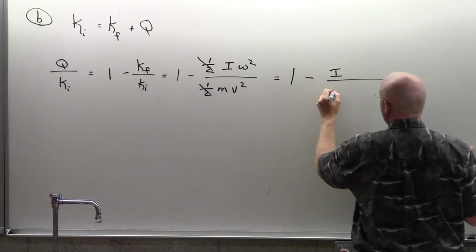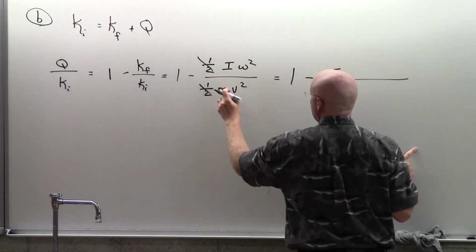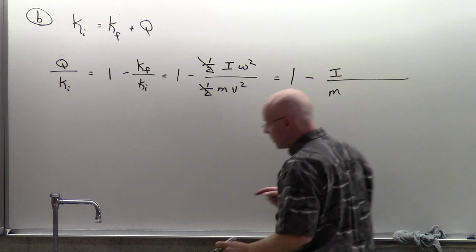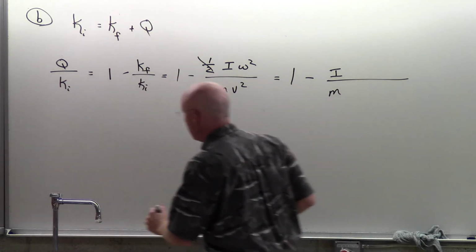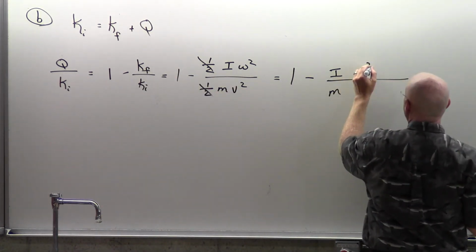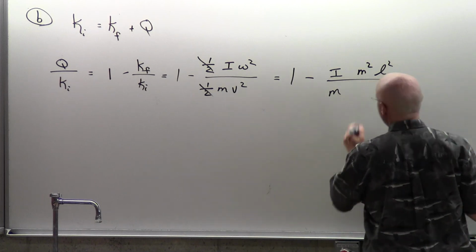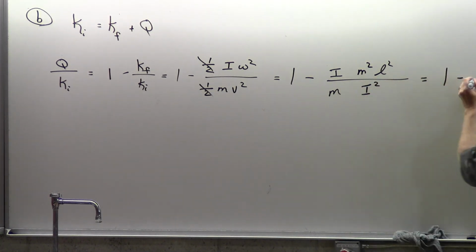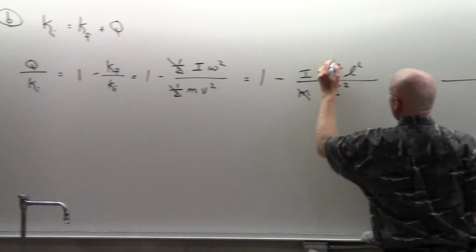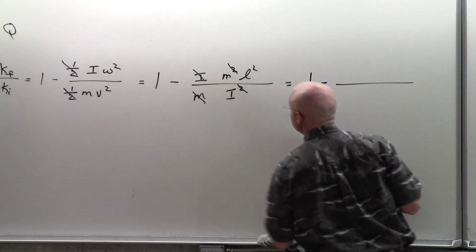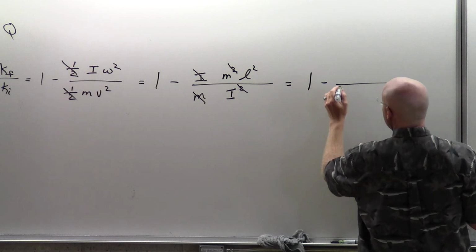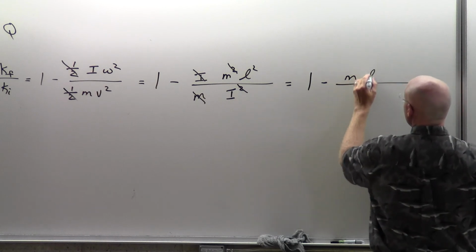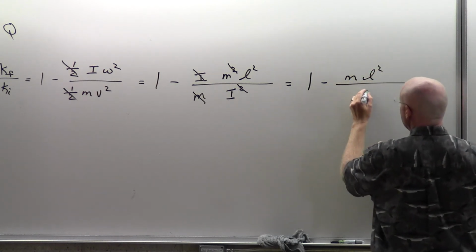But I have the I over the M here. But the omega over the v squared is that thing. And so this is an M squared, an L squared, and an I squared. And a couple of things cancel. And so I now have an M, an L squared, and an I.